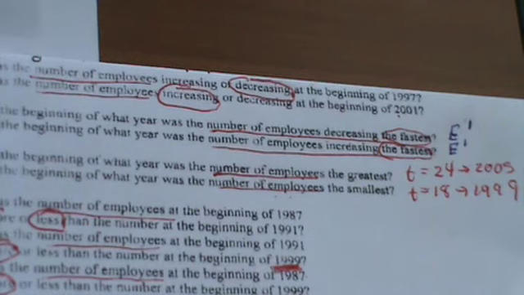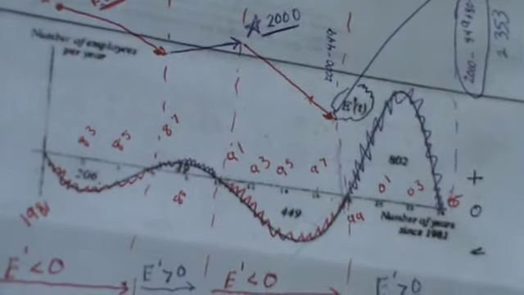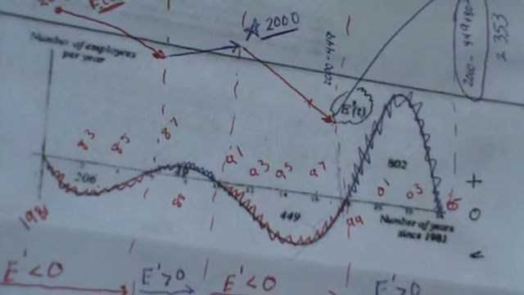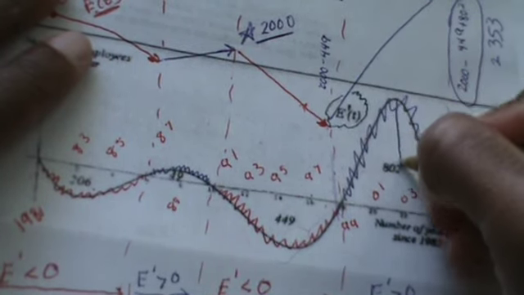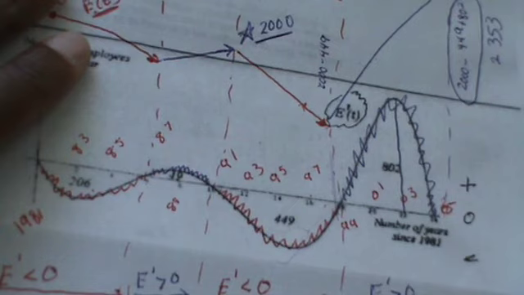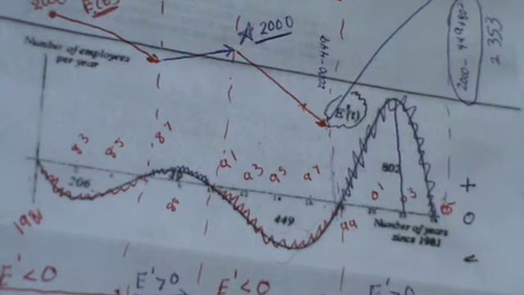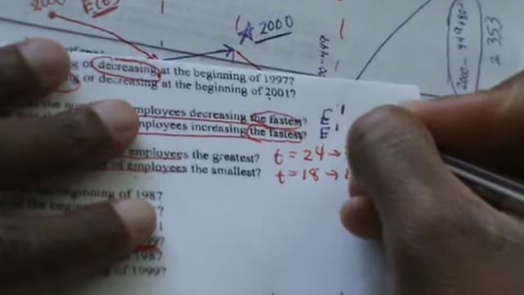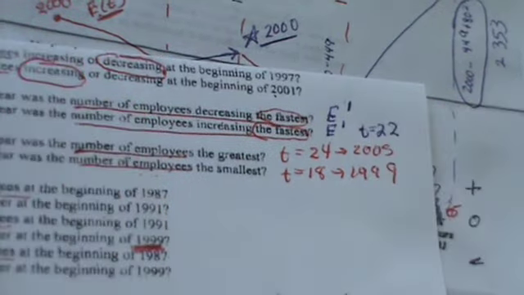So if I look right at my graph, for the very first time, I can look at its appearance and say, I have the highest E prime right here at about 22, right? So that's where we would expect E prime to have its greatest value. So that would be the answer to D. This is t equals 22, right?